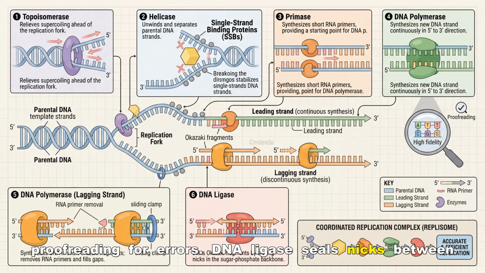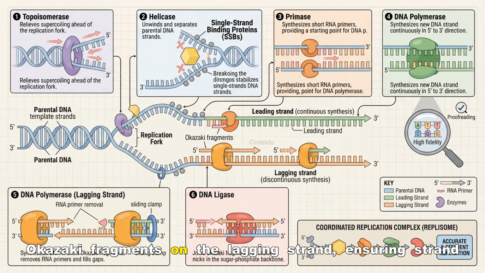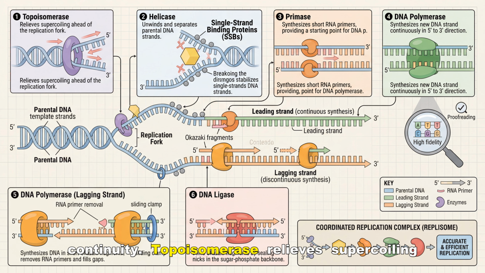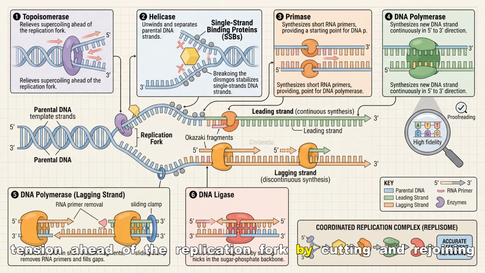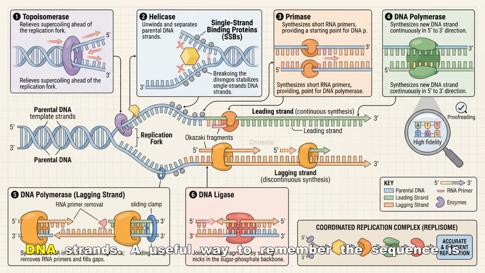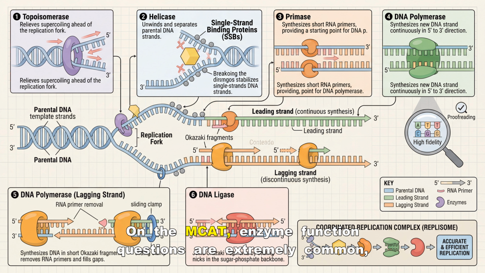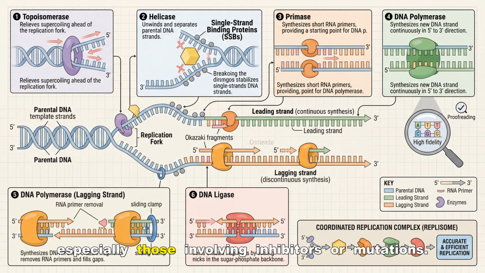DNA ligase seals nicks between Okazaki fragments on the lagging strand, ensuring strand continuity. Topoisomerase relieves supercoiling tension ahead of the replication fork by cutting and rejoining DNA strands. A useful way to remember the sequence is unwind, prime, build, seal, relax. On the MCAT, enzyme function questions are extremely common, especially those involving inhibitors or mutations.